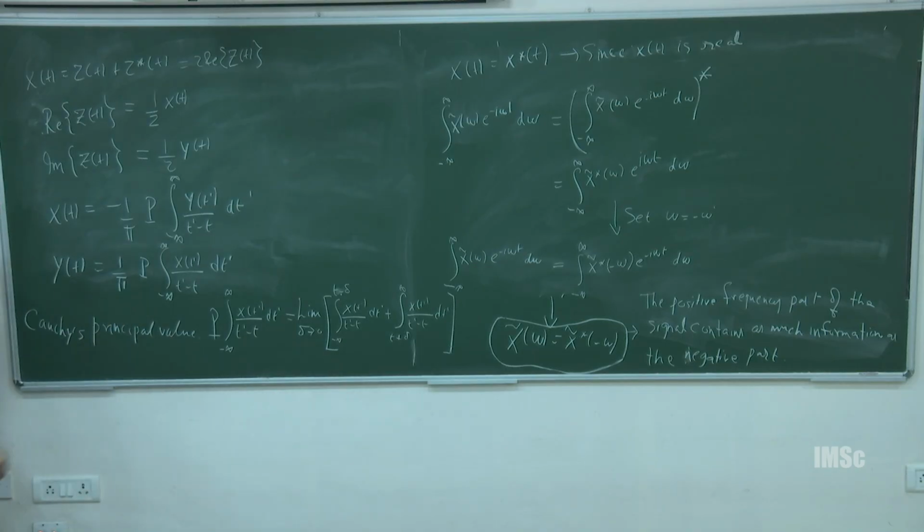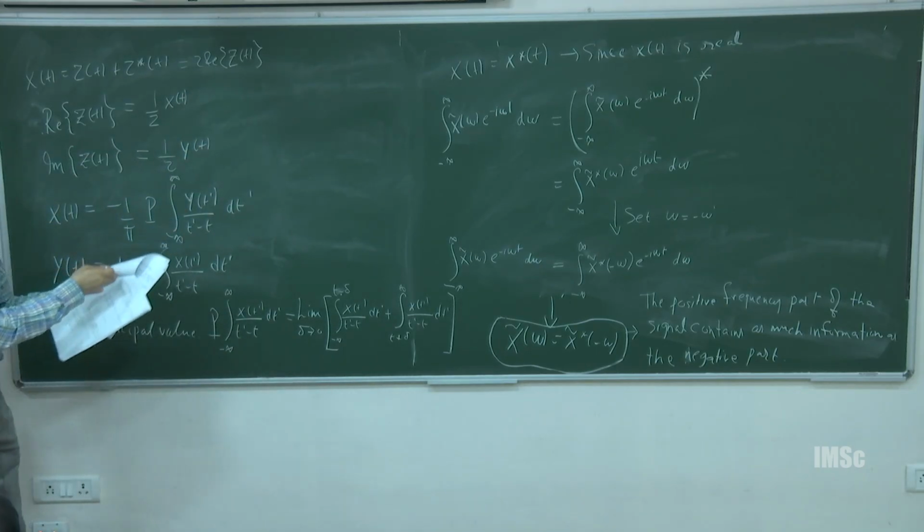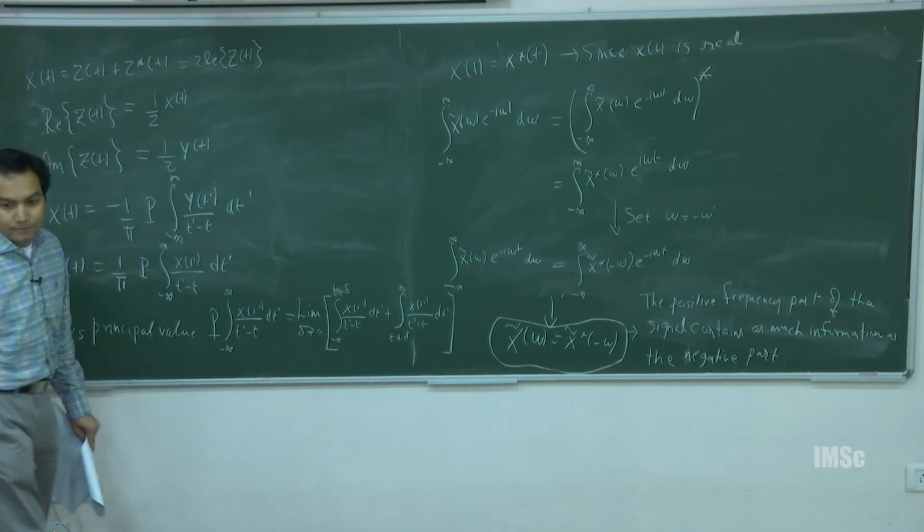So this is how we calculate the principal value. But these two form a Hilbert transform pair, and we are just introducing them so that you know that they have a formal structure and a meaning.